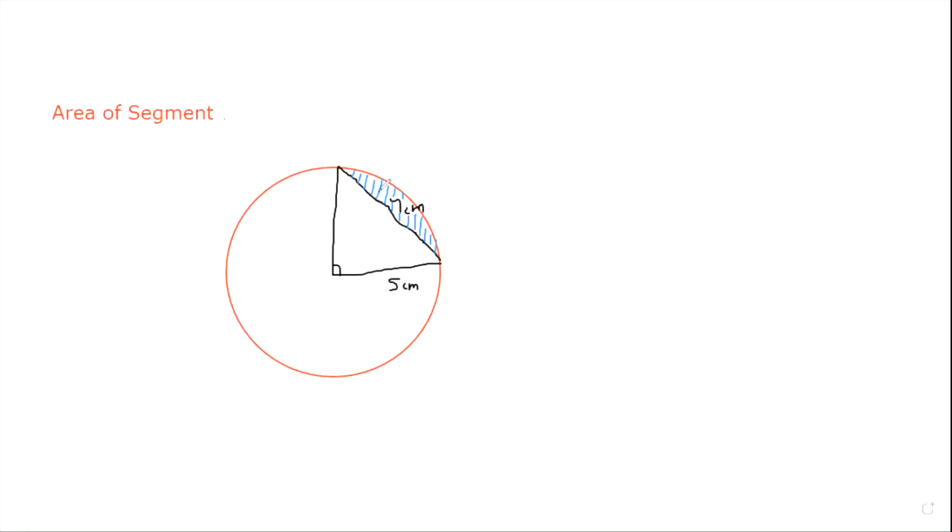And so here we have the blue part, which is the area of a segment that we're looking for. To get to that area of a segment, we actually have to consider this whole thing here. This piece here is the sector.